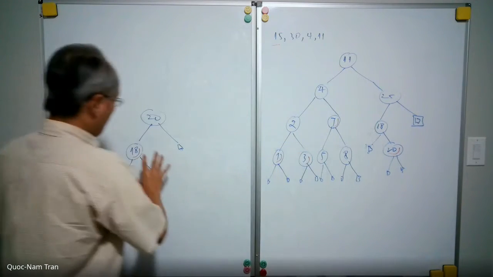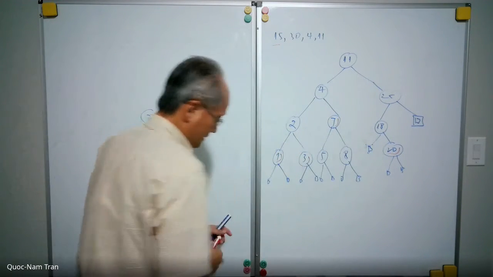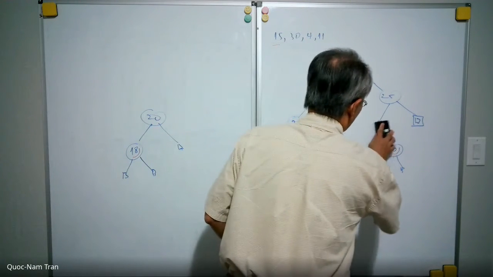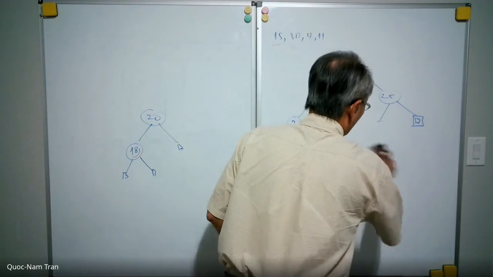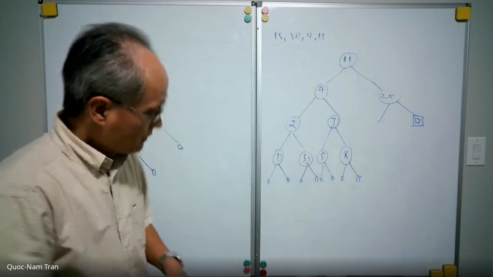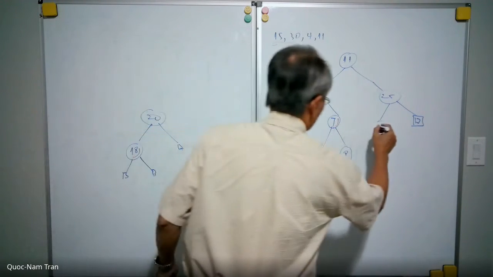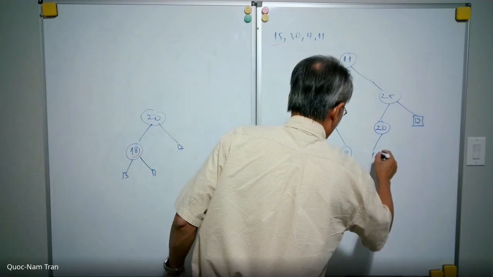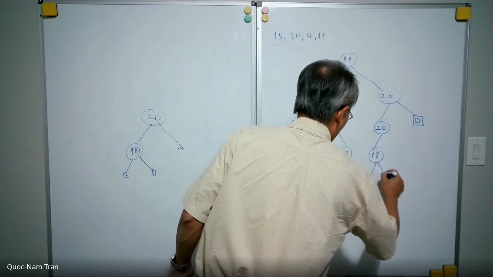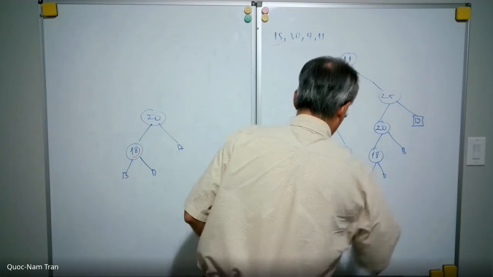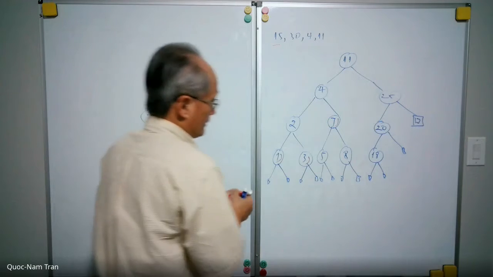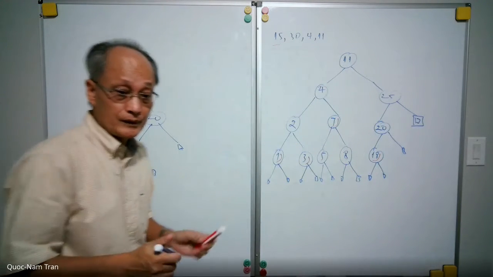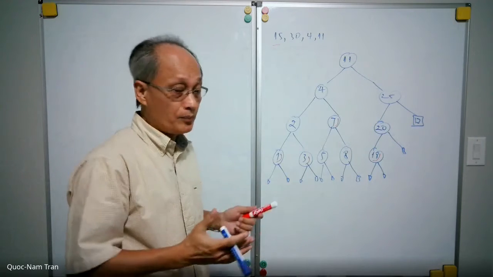So let me copy this one and plug it here. So we have 20 and then 18. Okay, let's check the black count on all branches.